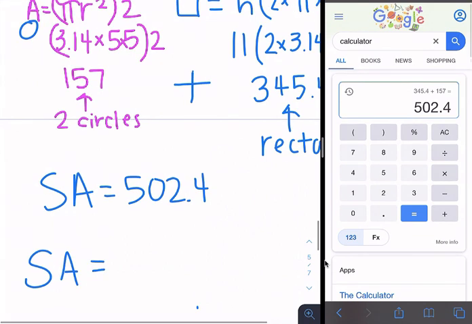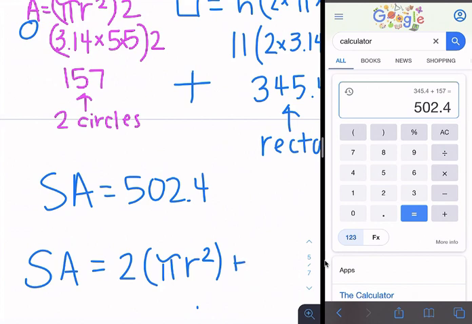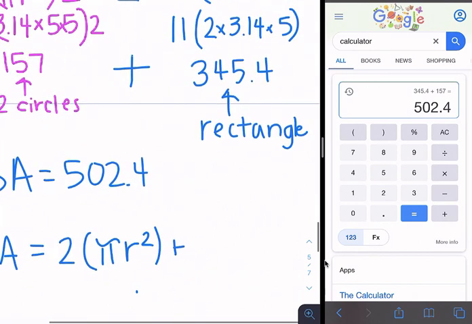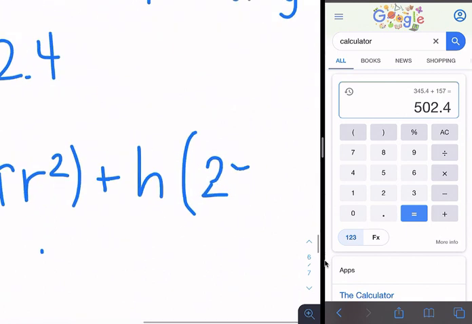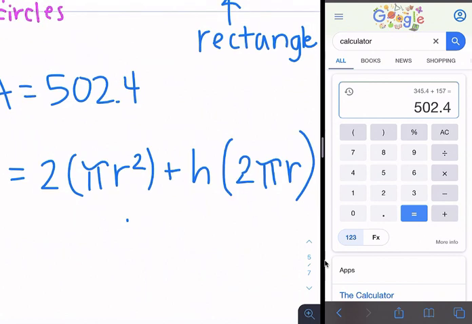So I do 2 times pi r squared and add it to my height times the circumference, which is 2 pi r. So that's the formula you will use. Think about it as those 2 pieces, the rectangle and the circles.